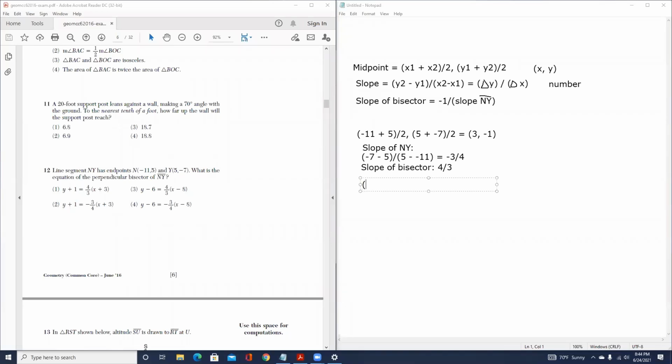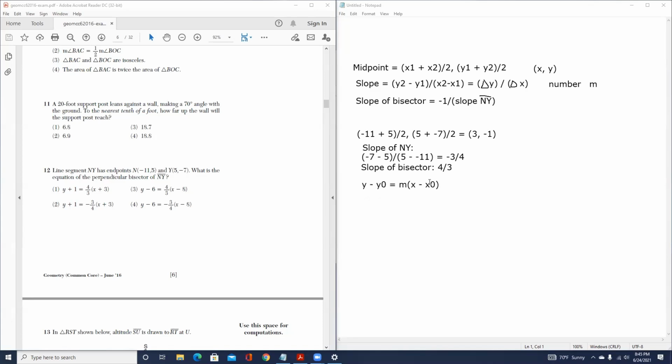Now, one more thing that you should know is called the point slope form of a line, and that is y minus y naught equals m times x minus x naught, where in this case m is the number of the slope, and that is how the lines are being represented as the perpendicular bisector equation.